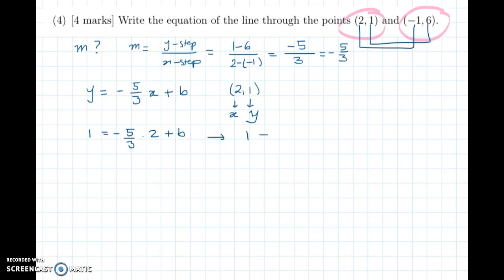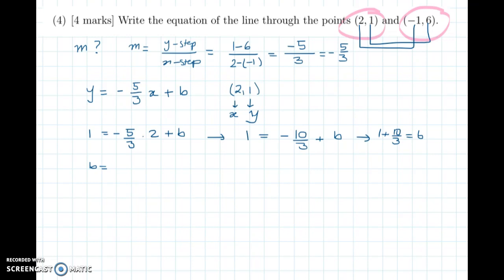So we are saying that 1 is the same as, I'm multiplying here, negative 5 multiplied by 2 is negative 10 over 3 plus b. And to isolate b, I need to add 10 over 3 on both sides. So 1 plus 10 over 3 has to be the same as b.